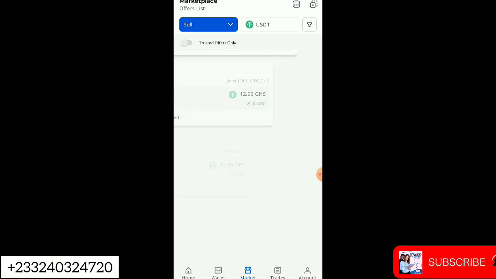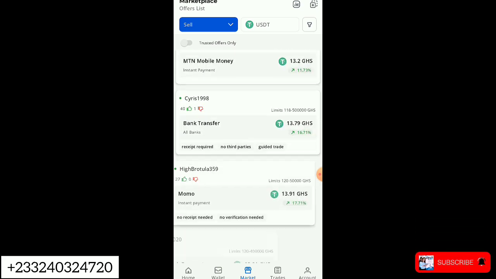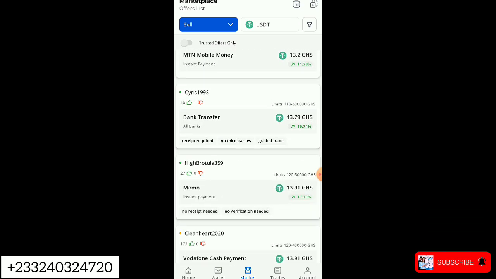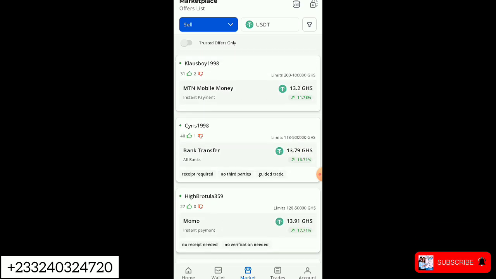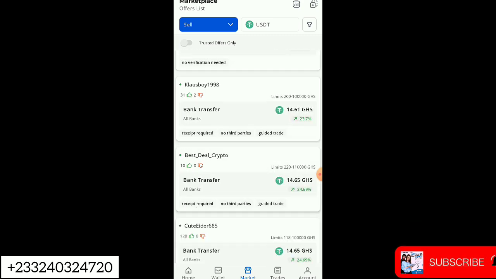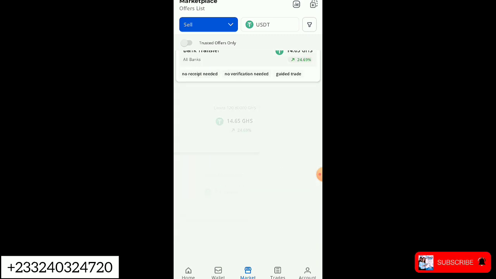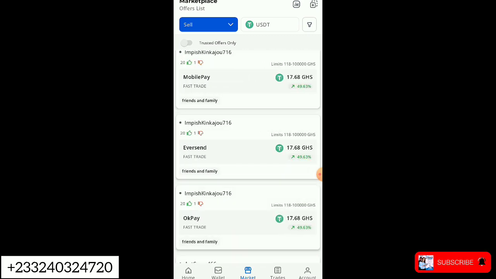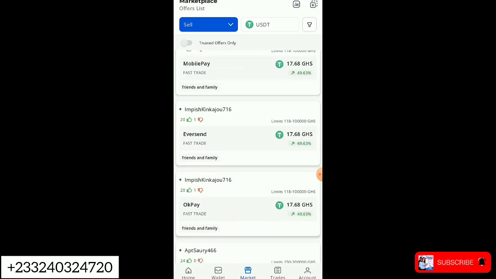Something like this. Let me go to a bigger seller. 13.2, 13.91. Now I can still get someone at 14 point something. So you can search, and this person is even selling it on Eversend. That's easy.